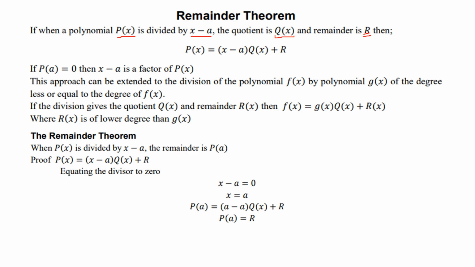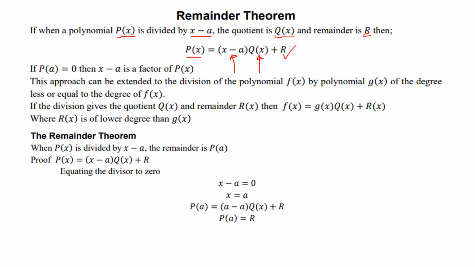Then we are saying that any polynomial function of x will be given by the divisor, or the factor, multiplied by the quotient, and then we add on our remainder.